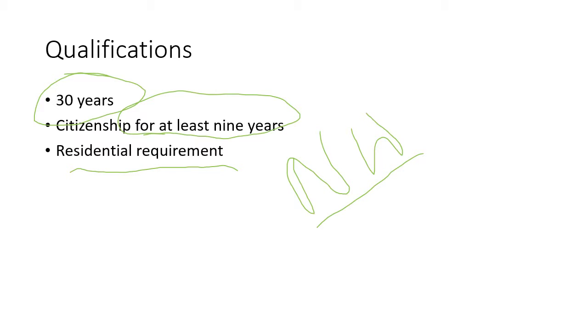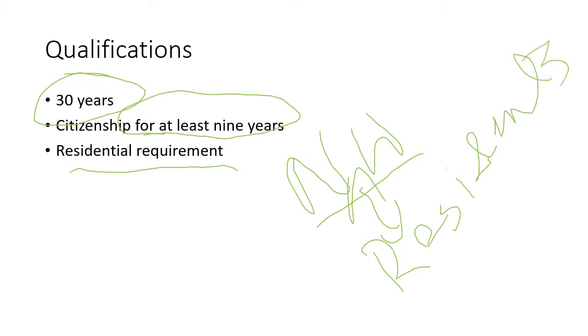The senators of New York must be residents of New York. Only the residents of New York can become the senators of New York. In this way, from all states, the residents of that state will become the senators of that state.